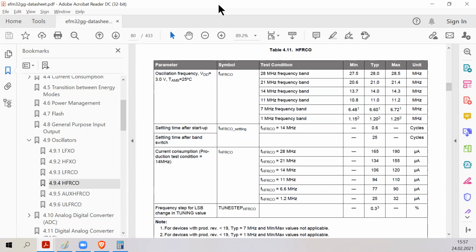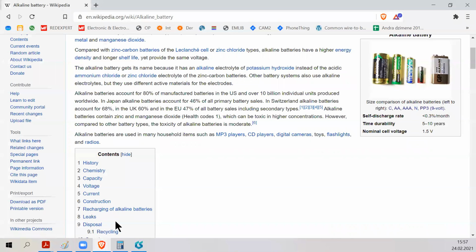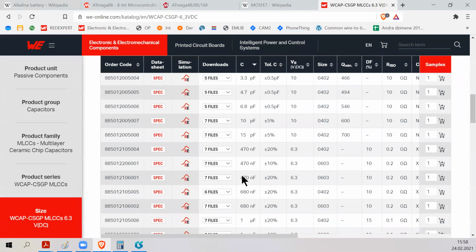Why do we use the inner oscillator for high frequency and external for low frequency? Okay, so because external oscillators cost money, so you want to use as few external oscillators as possible. The internal oscillator doesn't cost anything, it's free, it's built in, but these external oscillators cost something like, I don't know, 20 cents, 30 cents, 50 cents.